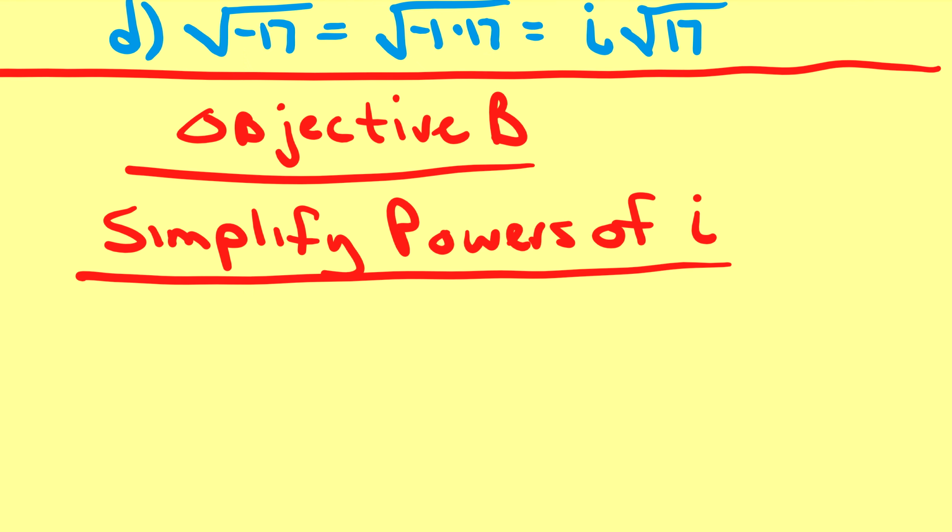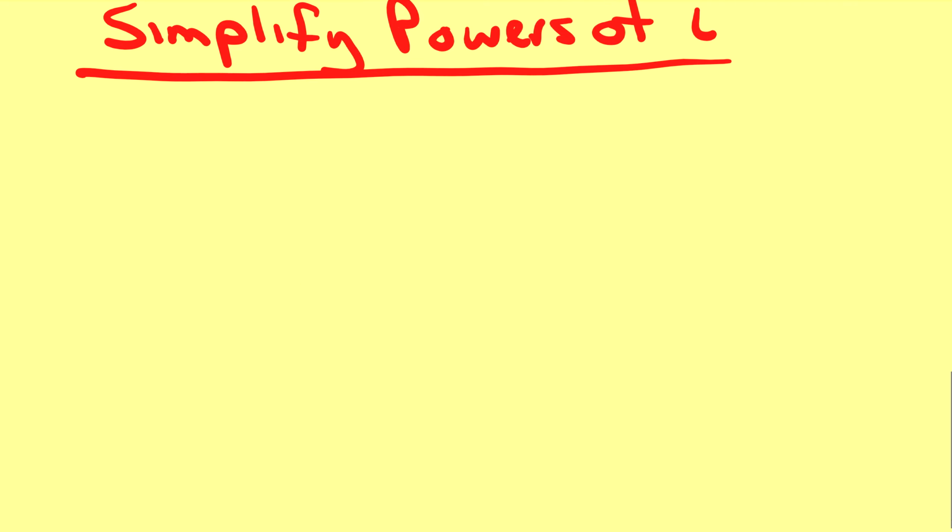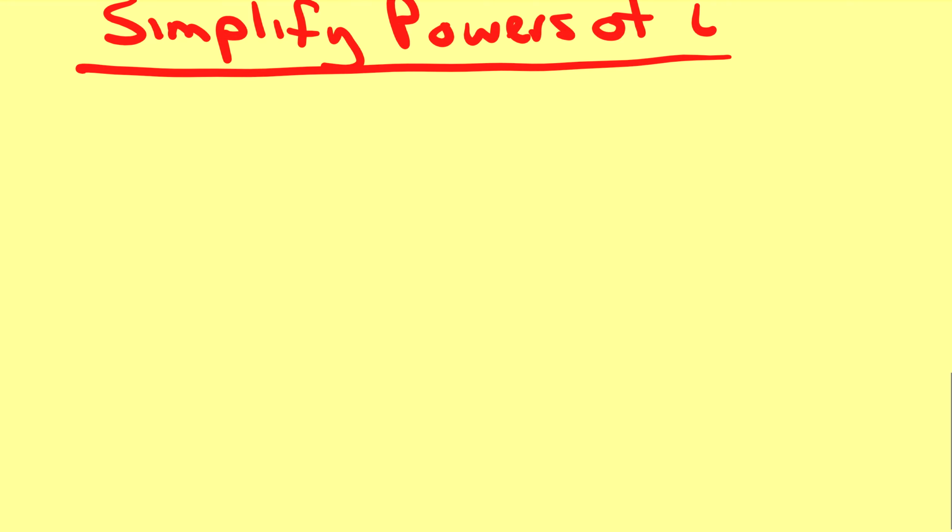Okay, going on to objective B, we are going to simplify powers of i. I've got a nice way of doing this that deviates slightly from what the textbook is telling us, but it's the same concept.